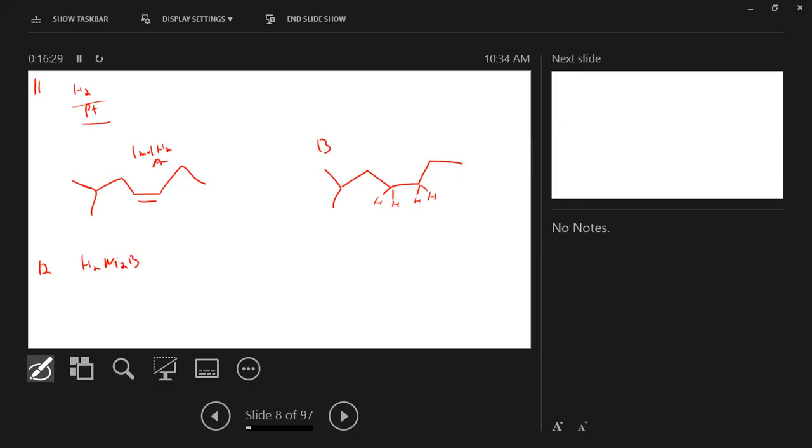So instead it says use a poisoned catalyst. We're going to take that triple bond just down to the double bond. That's what they use this catalyst for. So we have this compound. We're going to take that triple bond down to a double bond. So we will get this right here.